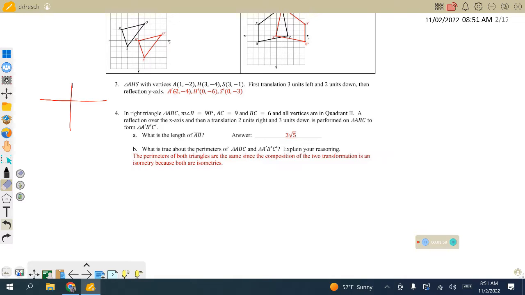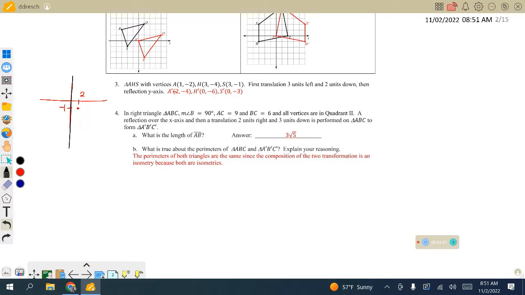So let's say there is a point right here located at 2, -1. Let's say we have a point right there, and we want to reflect it over the y-axis. We know our y-axis is right here.